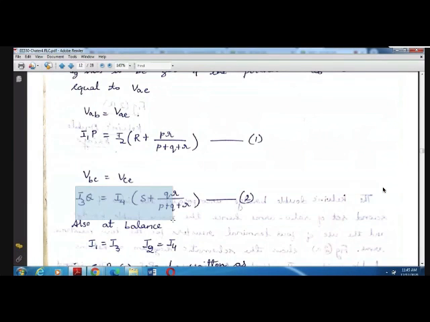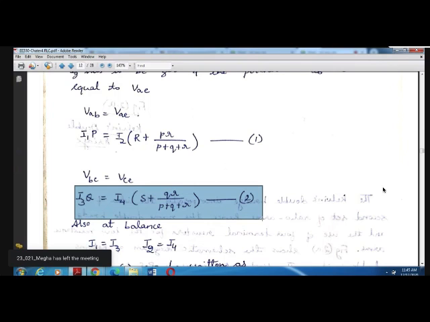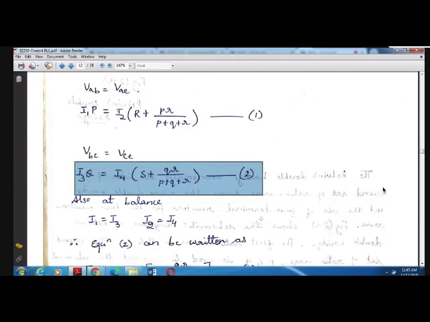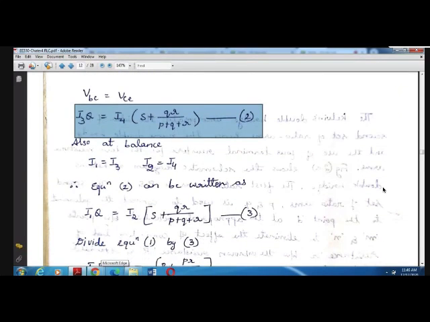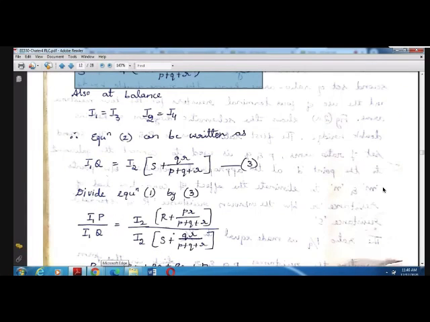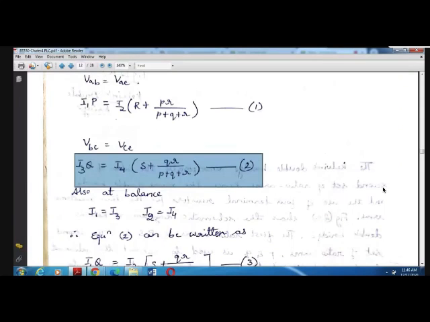We know that at balance condition currents I1 is equal to I3 and I2 is equal to I4, so you can replace I3 by I1 and I4 by I2. Substitute that, and this equation will be written like this. Now divide equation 1 by 2. Your equation 1 is this one.